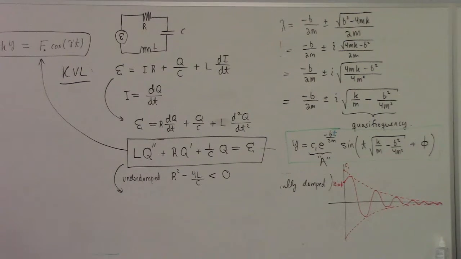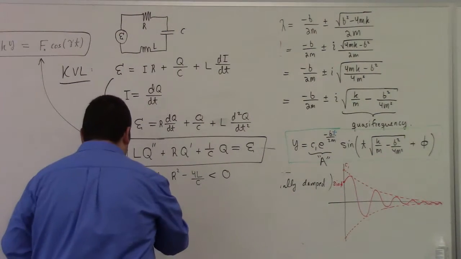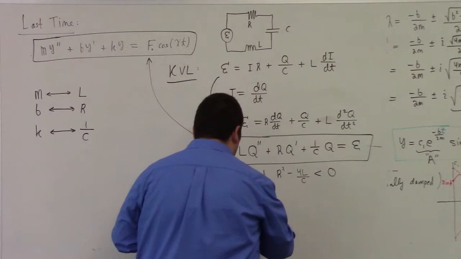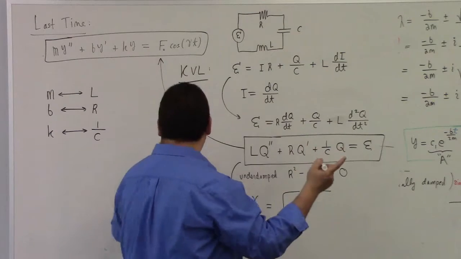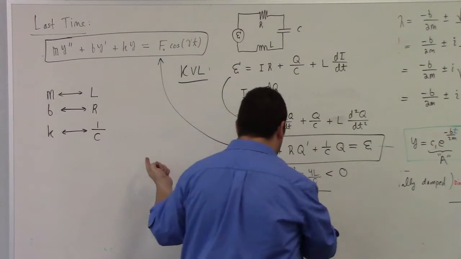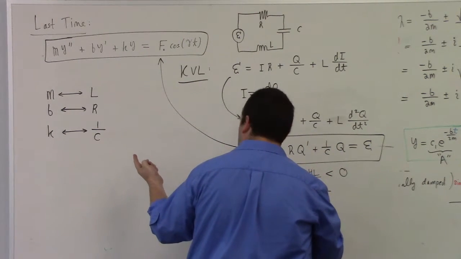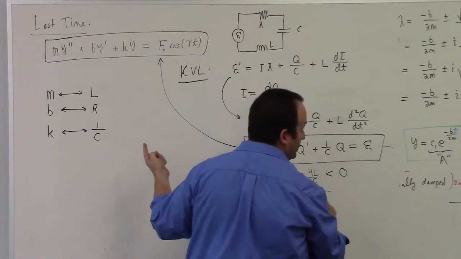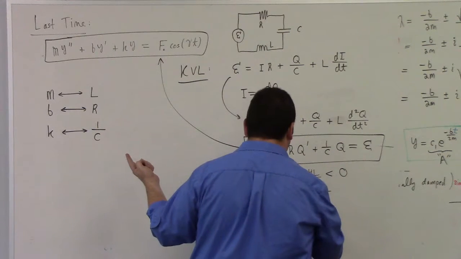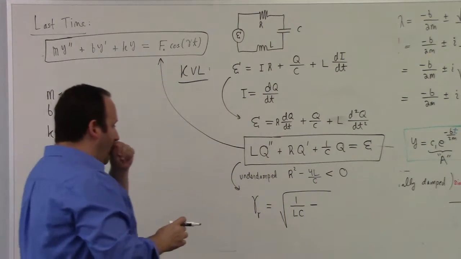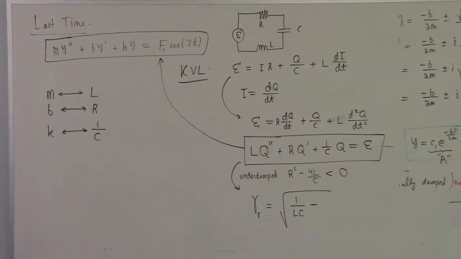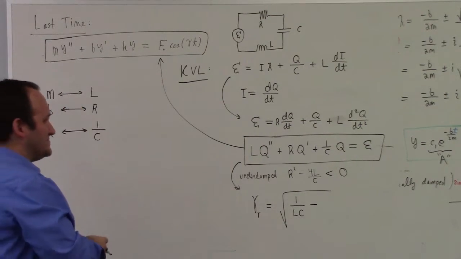And in that case, we could go through the same calculation we did, and we define the resonant frequency to be what? Square root K is 1 over C, right? So that actually, M is L, right? So that's 1 over LC minus, excuse me, B squared is R squared.